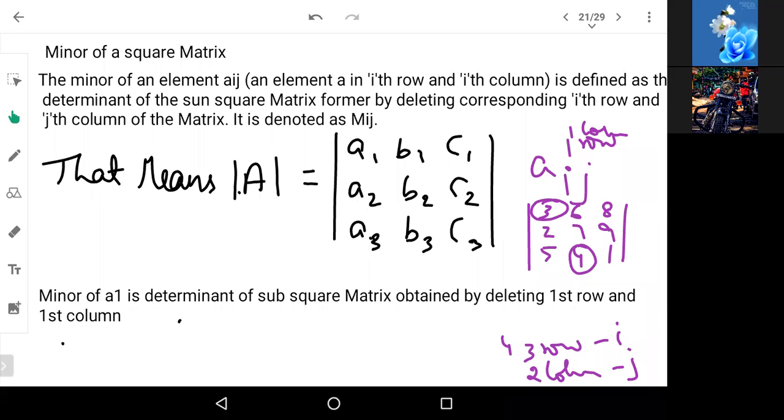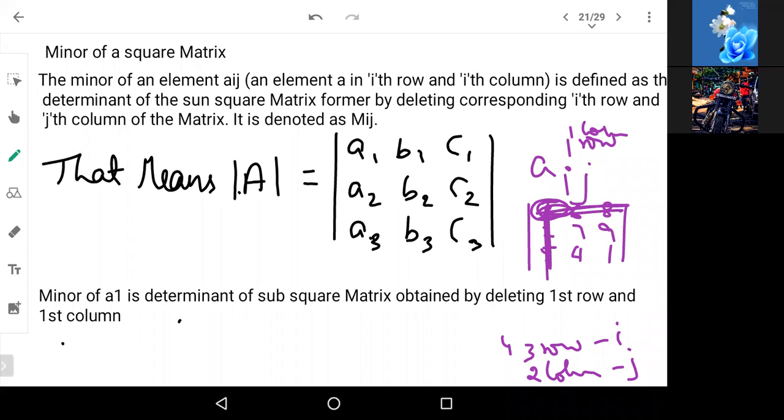What they are trying to say is, if we want to find the minor of 3, then we will not consider this first column and first row, right? So we are deleting that corresponding row and the corresponding column.